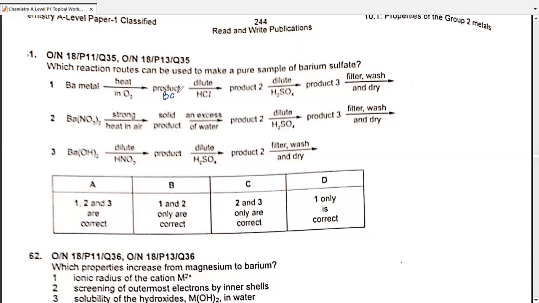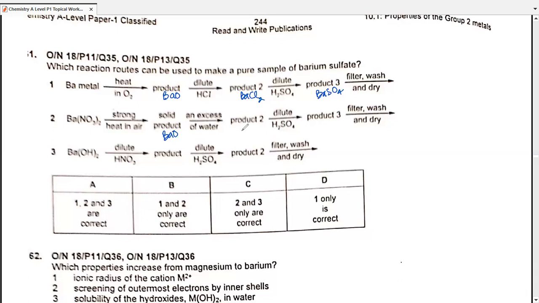This is going to give you barium oxide. This is going to give you barium chloride. This is finally going to give you barium sulfate. You can filter, wash and dry since that's a precipitate. Barium oxide is the solid product.